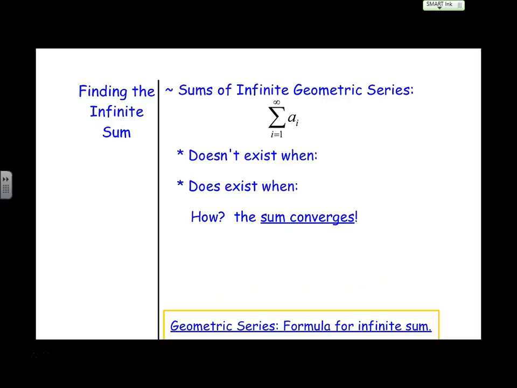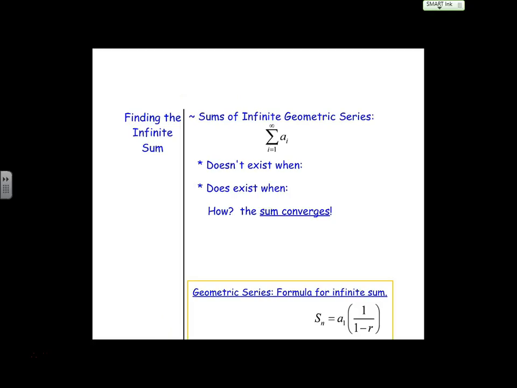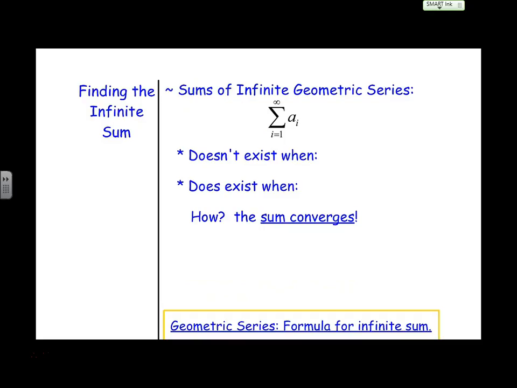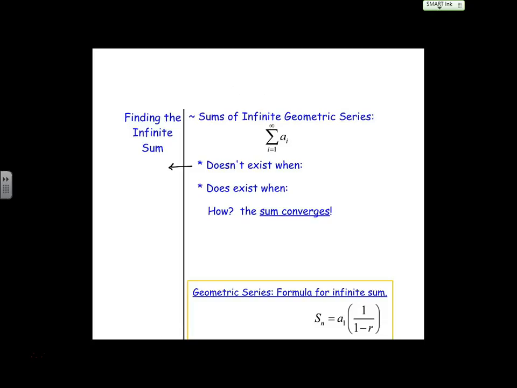So looking up here really quickly, we see this word converges, and converges comes underneath the infinite sum does exist. What term am I going to write down off to the side for when the infinite sum does not exist, hence when it's infinity or negative infinity?